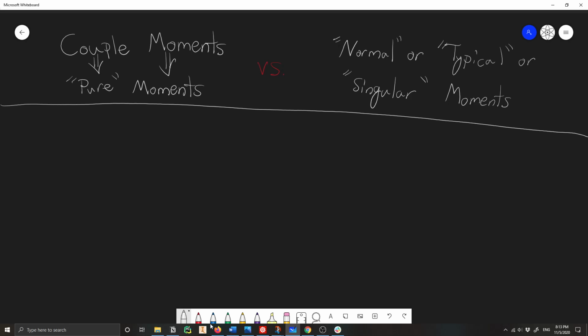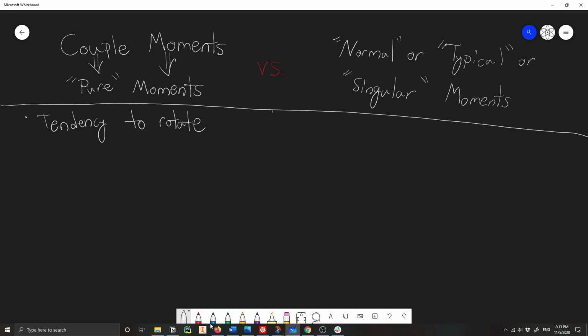So, couple moments, they cause rotation. So, we know that, right? Both of these cause a rotation. They actually cause not necessarily rotation, a tendency to rotate.